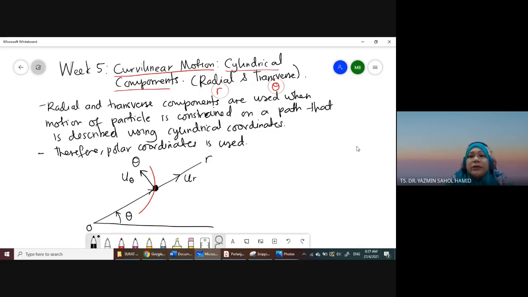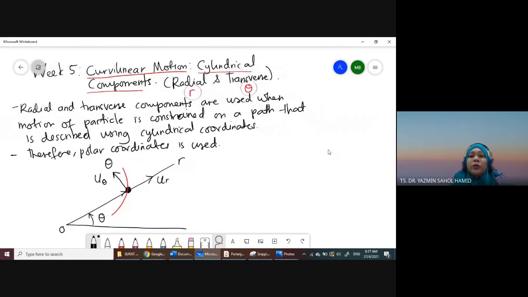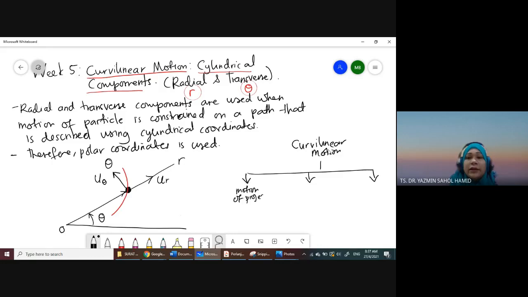Previously, I taught you about curvilinear motion, whereby there are three methods to solve it. Can you tell me the three methods that we have learned? What was the first method? Motion of projectile. Yes, this is the free flight motion where we use the rectangular components.